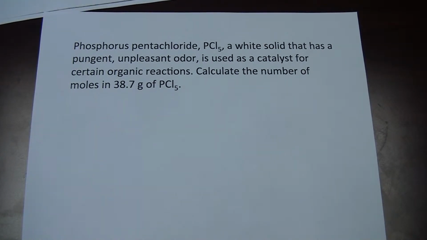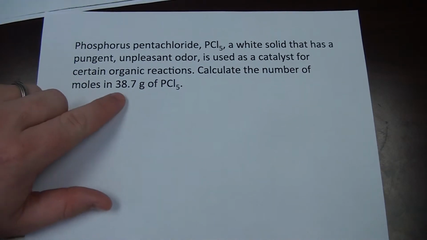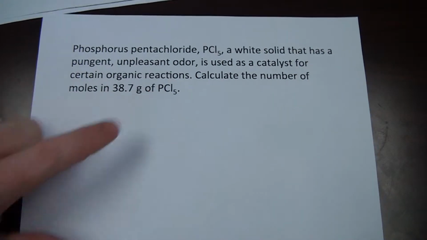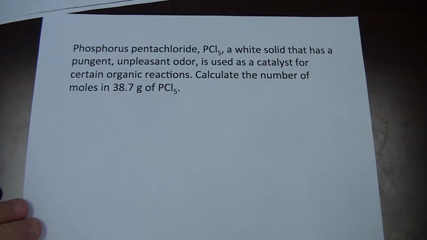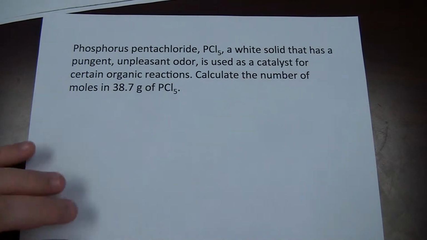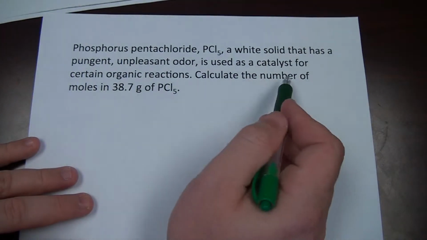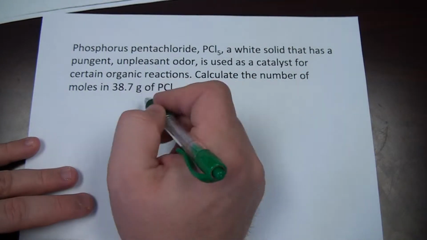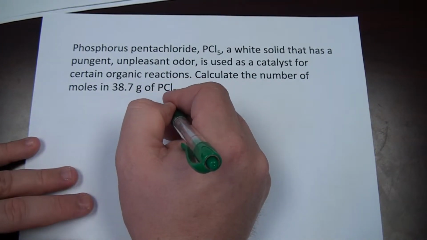So phosphorus pentachloride, PCl5, is a white solid that has a pungent, unpleasant odor and is used as a catalyst for certain organic reactions. Calculate the number of moles in 38.7 grams of PCl5. Right? So now we're going to do essentially the reverse of what we did in the last one, where instead of going from moles to grams, we're going to go from grams to moles.